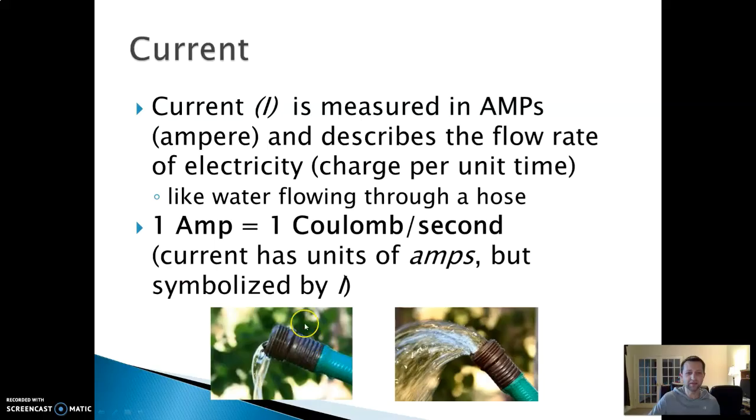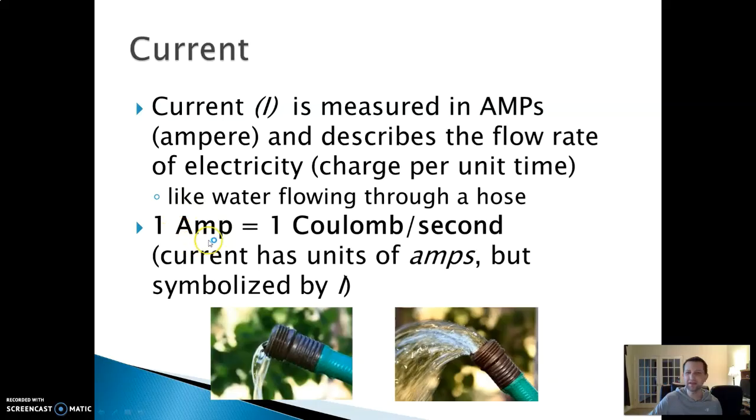This would be a small amount of current over here, and then obviously this would be a higher amount of current. There would be more water flowing through the hose per unit time. So current is coulombs, amount of charge, per second, unit time. And that's just combined into the variable amp or ampere.